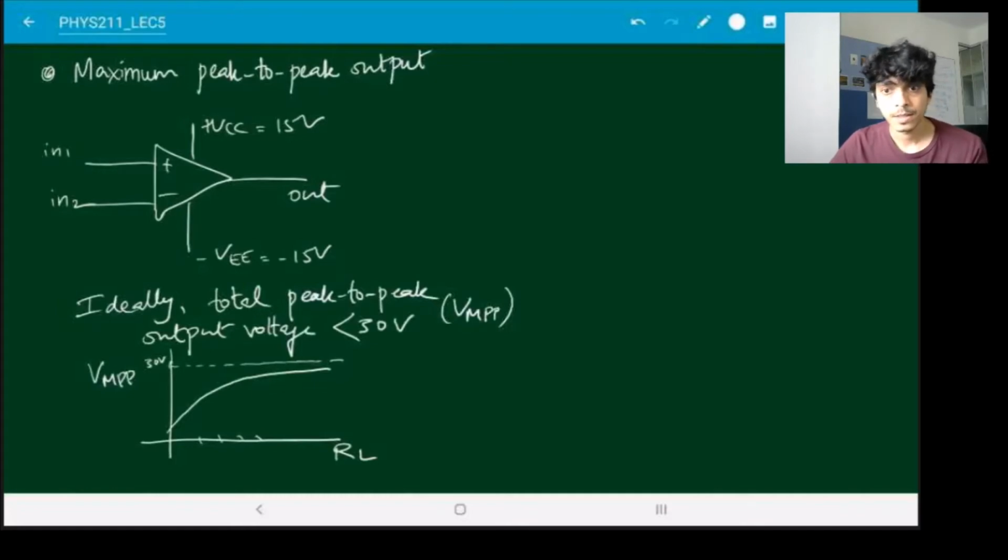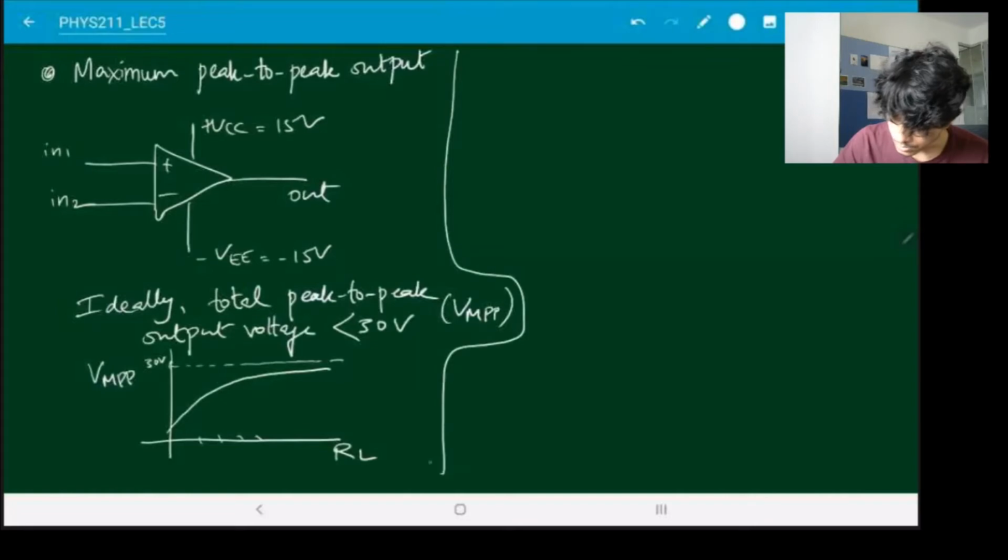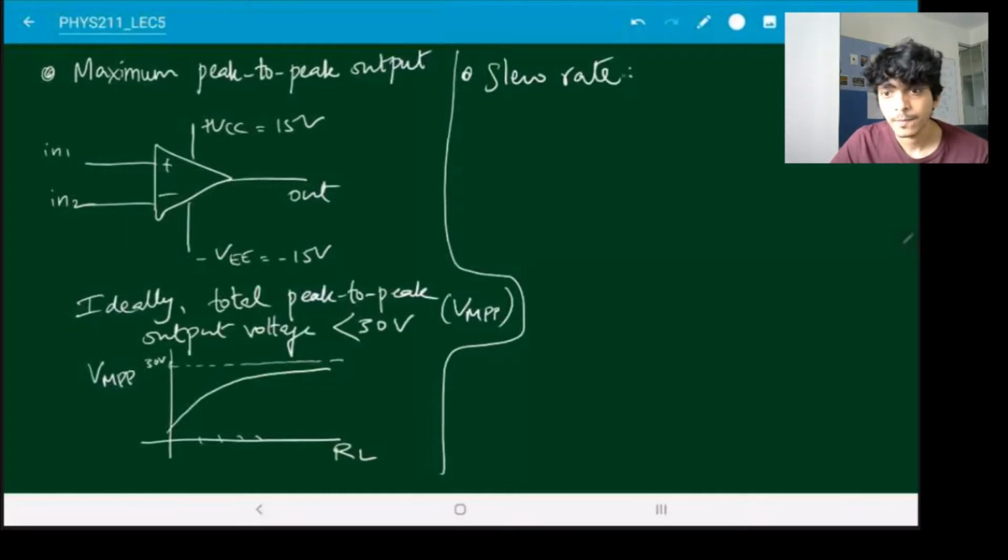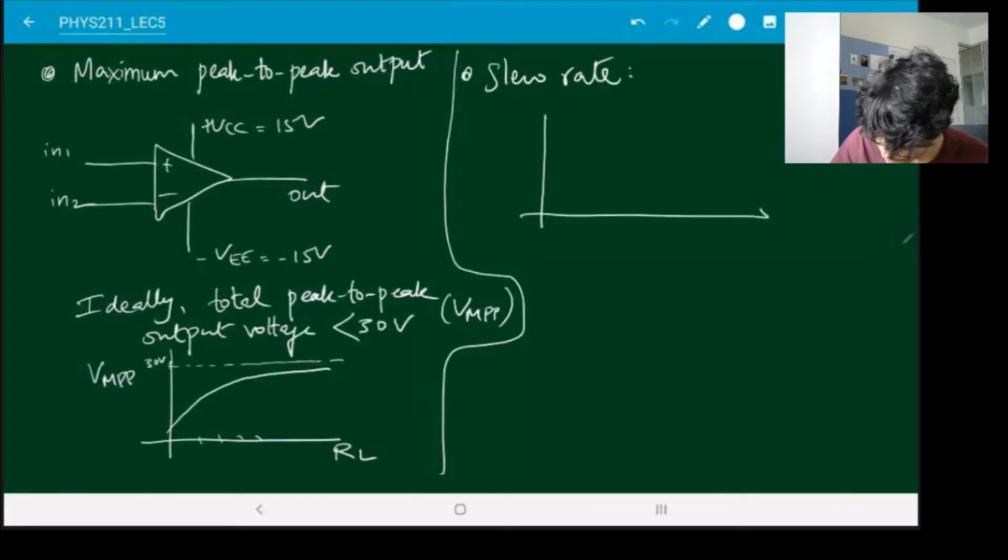Okay, the next property that I would like to talk about is called the slew rate. The slew rate basically tells you the rate at which the output voltage of your op-amp can change its value. So for example, suppose as a function of time, I'm plotting the output voltage.